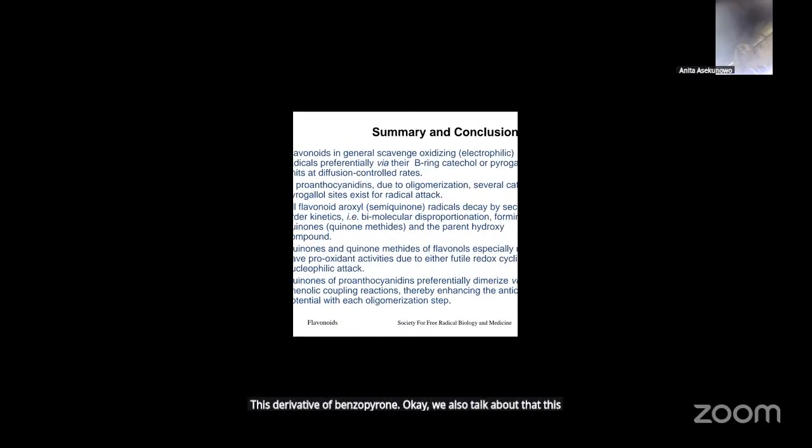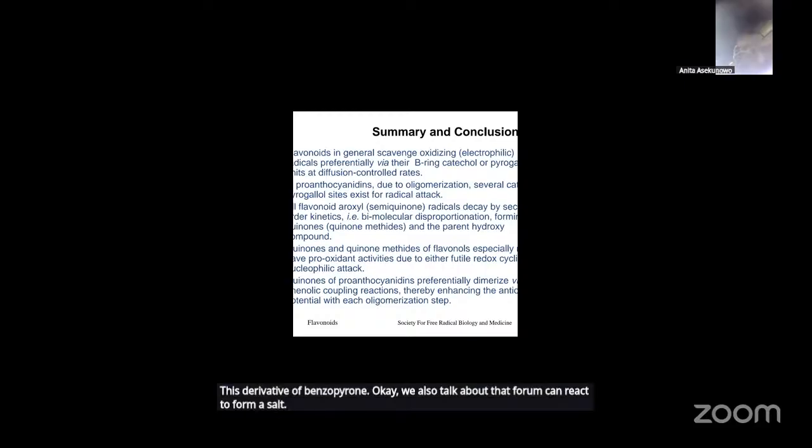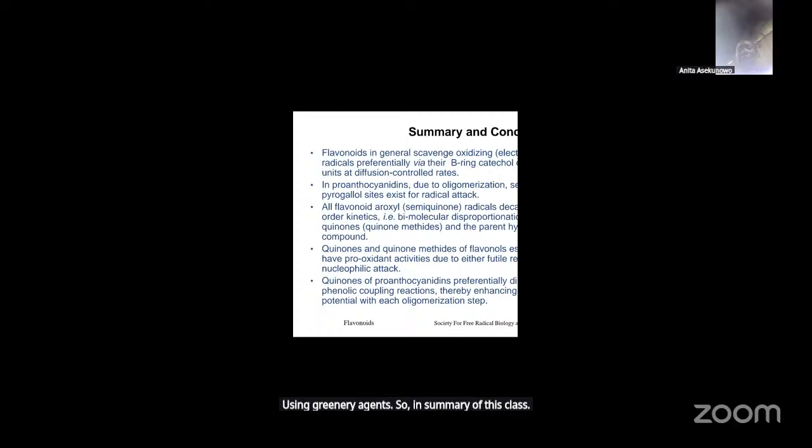We also talked about how this benzoylpyrone can react to form a salt using Grignard reagents. So in summary, we're talking about flavonoid as a scavenging compound having 3 rings, A, B, and C ring.